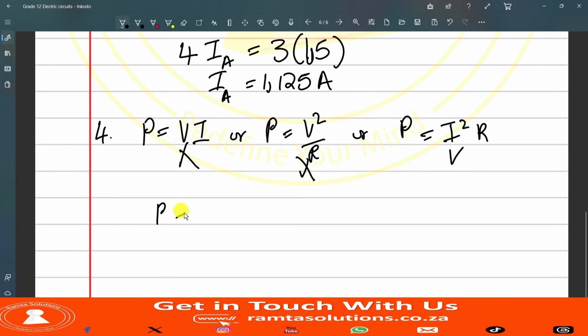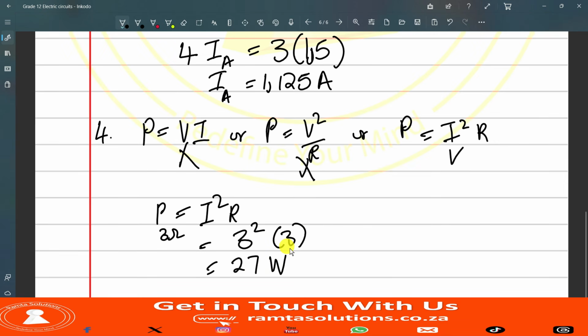So power at the 3 ohm equals I square R, right? The current flowing there is the total current, which was 3 amperes. And the resistance of that resistor is 3. This then tells us, obviously, 3 squared times 3, which is 27 watts. That is the power dissipated by that resistor.